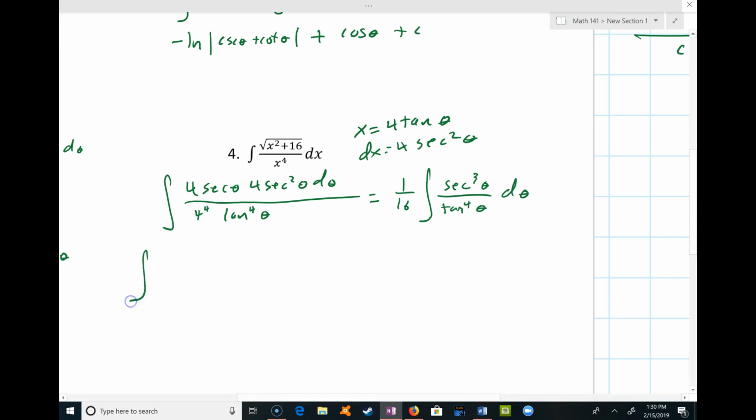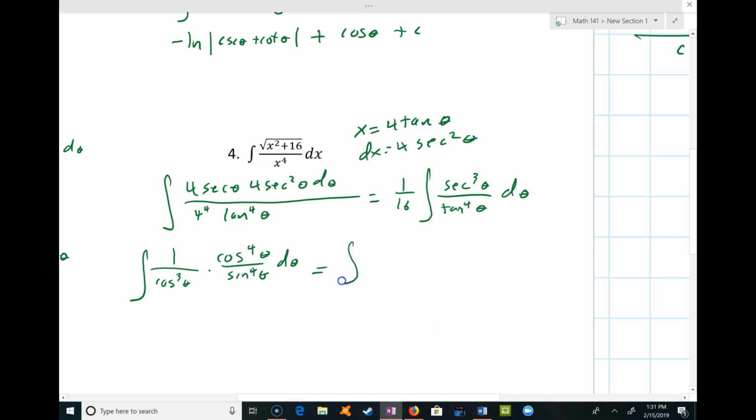So that would be the integral of, and secant is 1 over cosine, so that would be 1 over cosine cubed theta times, and tangent is sine over cosine, but we're flipping it, so that'd be cosine to the fourth over sine to the fourth. And 3 of those cosines will cancel out.